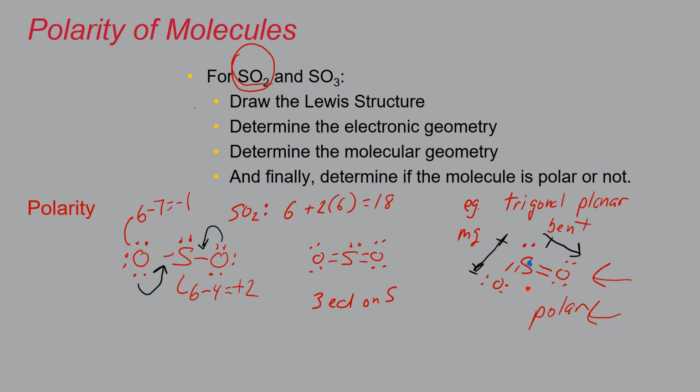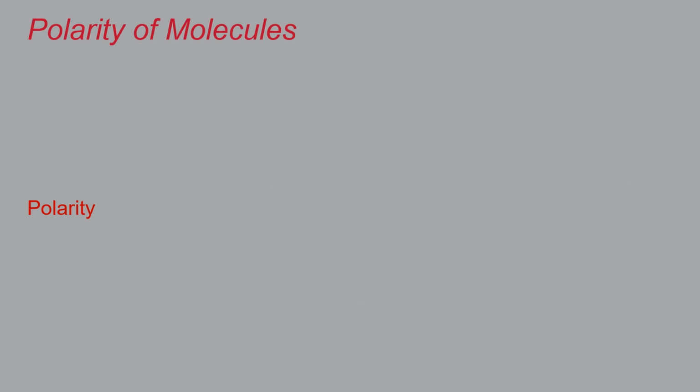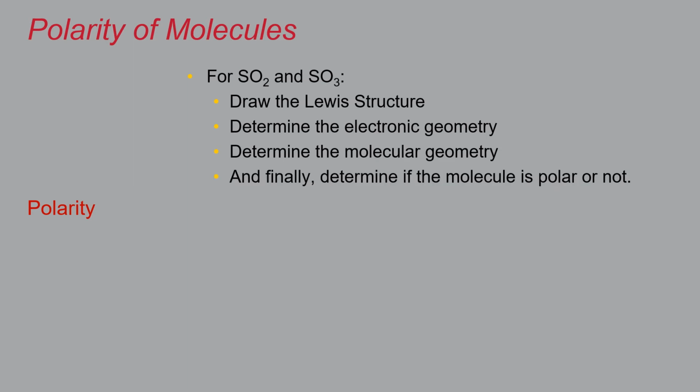How about you hit pause and give it a shot on your own. And I am just going to give you the Lewis structure for sulfur trioxide, because I think at this point you should be able to do it.